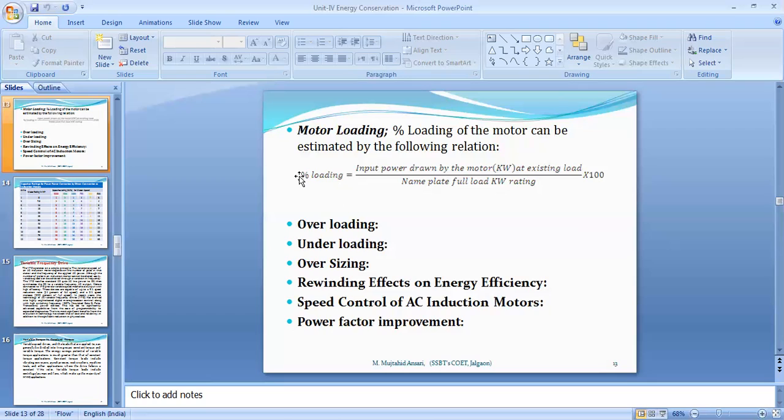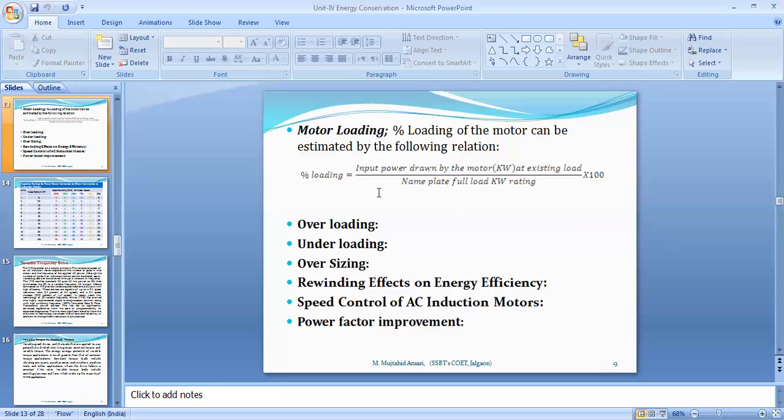So the percentage loading of the motor can be calculated by measuring the power input divided by the full load kilowatt rating, and by measuring the current input of the motor divided by the full load current of the motor. By these two parameters, we are able to measure the percentage loading.